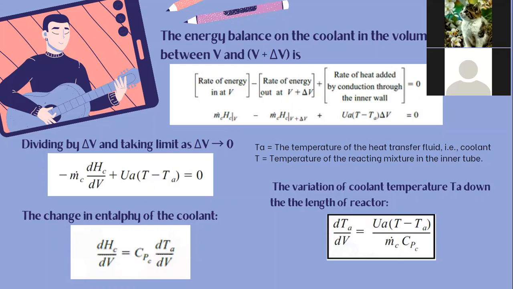By the way, Ta is the temperature of the heat transfer fluid, which is the coolant, and T is the temperature of the reactive mixture, which is the inner tube. And lastly, it becomes the variation of the coolant temperature, Ta, down the length of the reactor, which is dTa/dV equals UA times (T minus Ta) over m_c Cp. Okay, next.